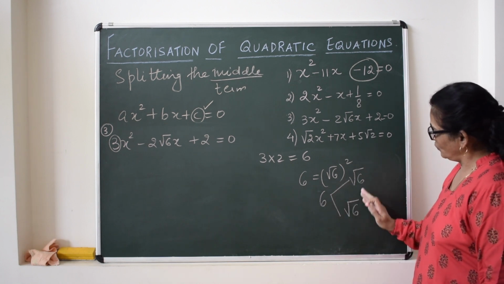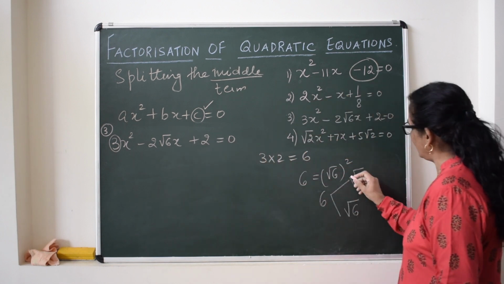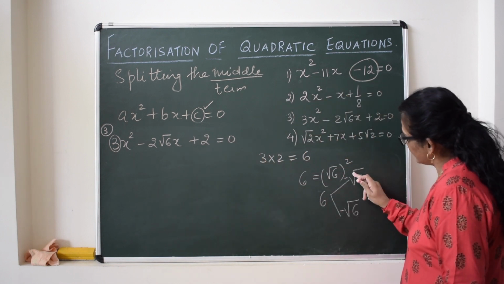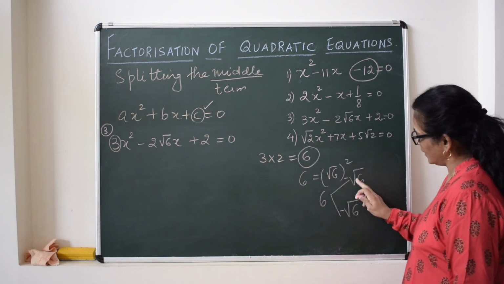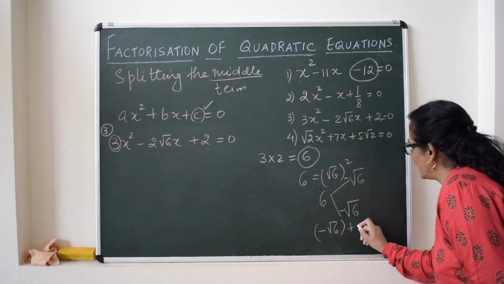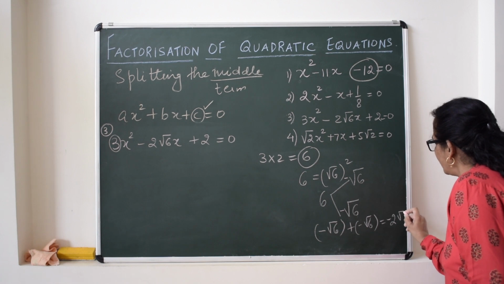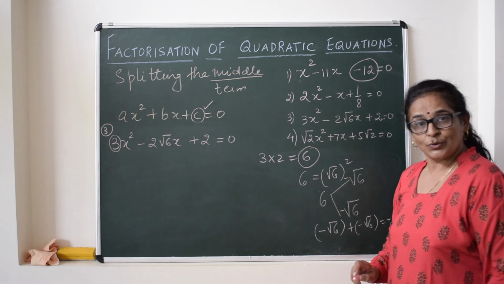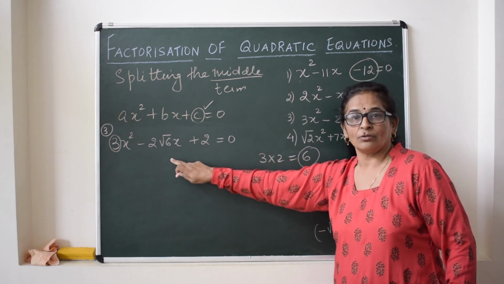So we have to choose these two factors, but both should be negative, since their multiplication is a positive term and their addition, minus root 6 plus minus root 6, will give us a negative term, that is minus 2 root 6, and that only we want as the coefficient of the middle term.